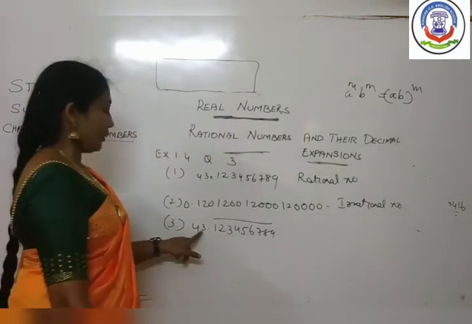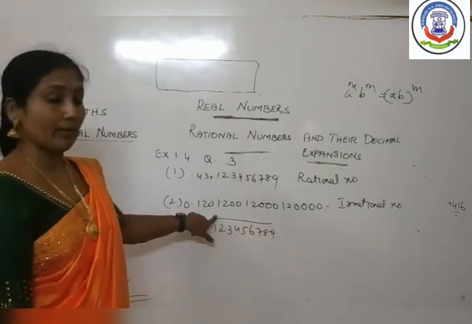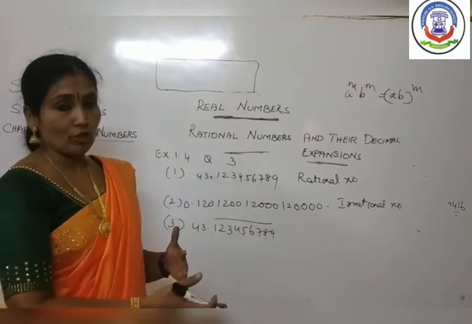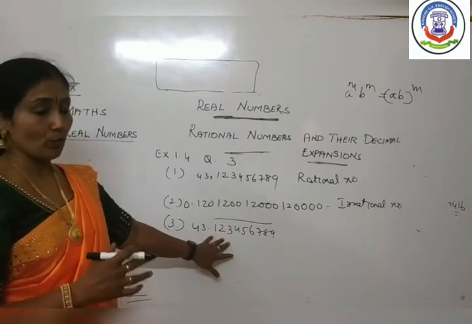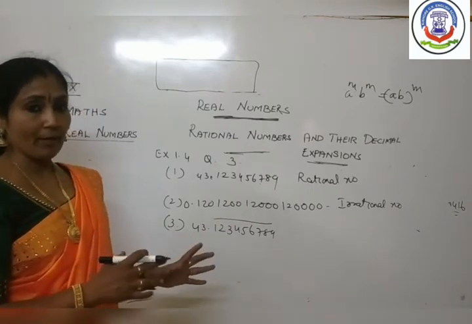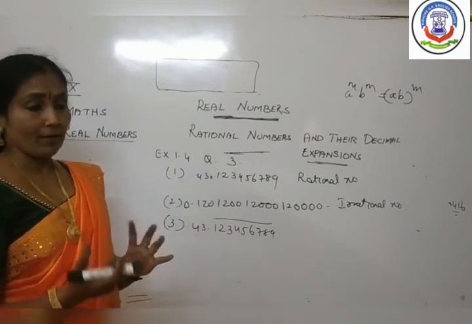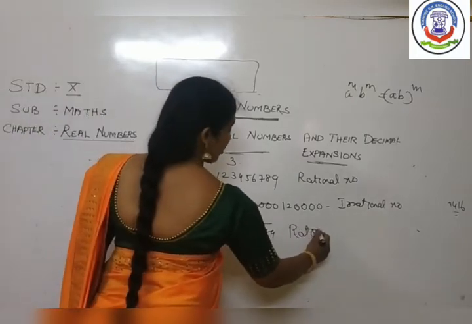And the last question, 43.12345678. Here one bar is given. That means this part is going to be repeated. So here you can say that this is also a rational number, because we have seen that a rational number has either a terminating or a non-terminating and repeating decimal expansion. In this case also it will be a rational number.